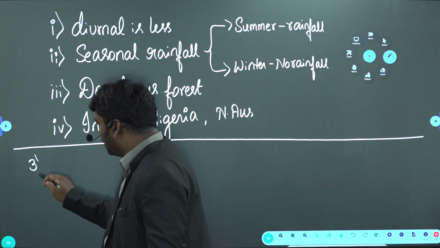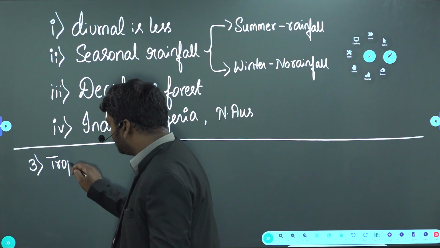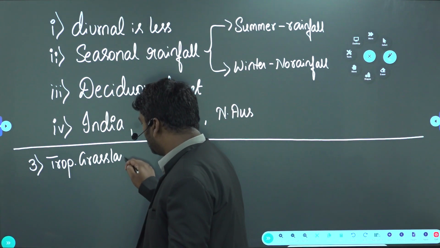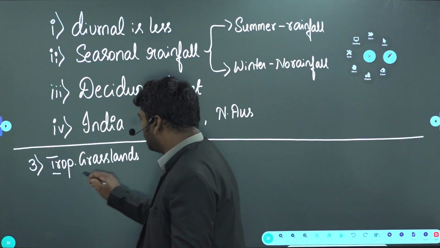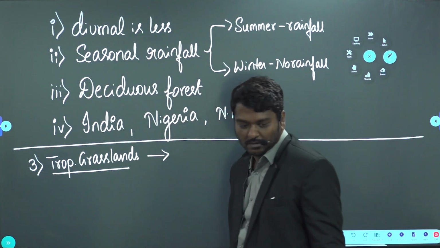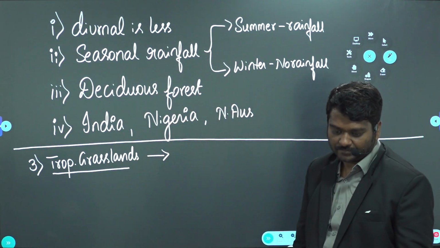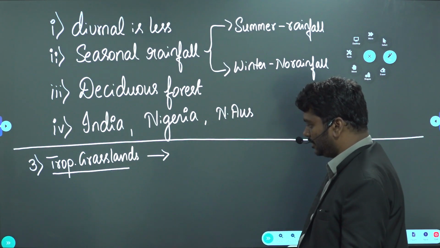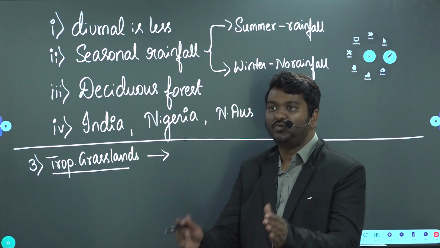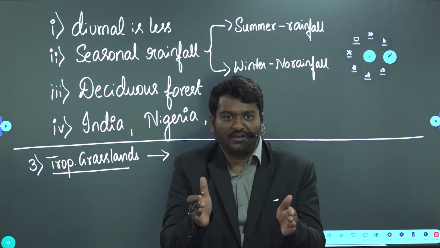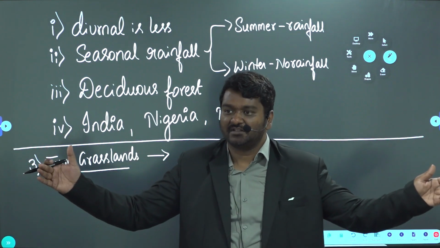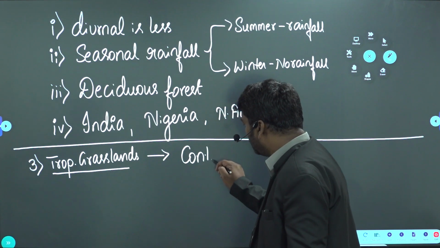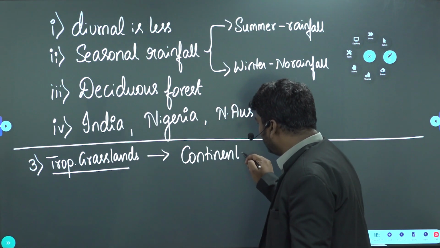Third, tropical grasslands. So you tell, is grasslands in between or is it present on the sides? In between. So what it would be? Continental.